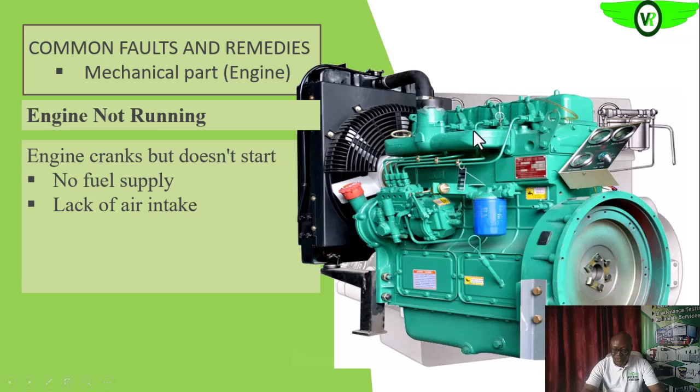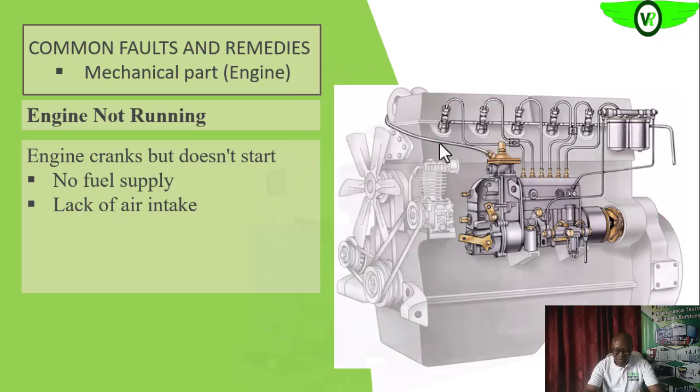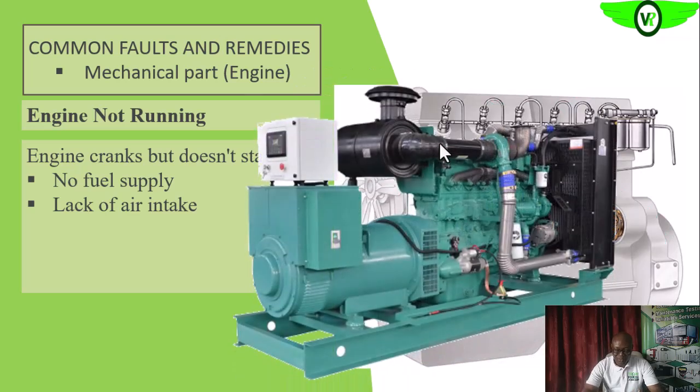So this is the induction manifold that is connected to your air filter. If anything is plugging it, are we getting it? Or if it is one that has an airflow meter, it will definitely affect the amount of air that is administered into the combustion chamber.